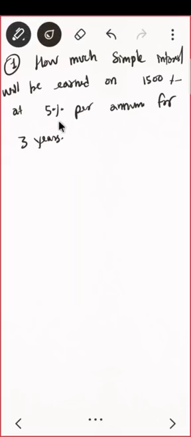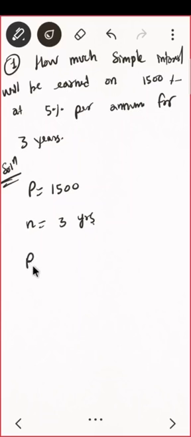Okay, so what are the things you have? You have your principal, your number of years, and your rate. Correct? So what is the formula? You just have to put it in the formula. That is, P is 1500 and N is 3 years. And what is R? R is 5% per annum.